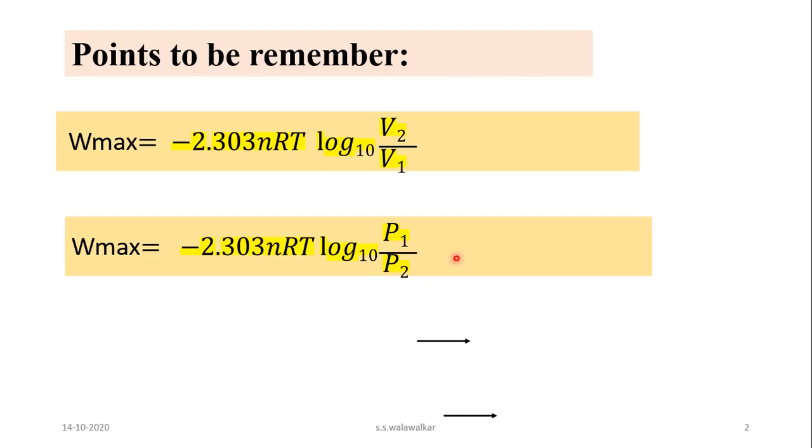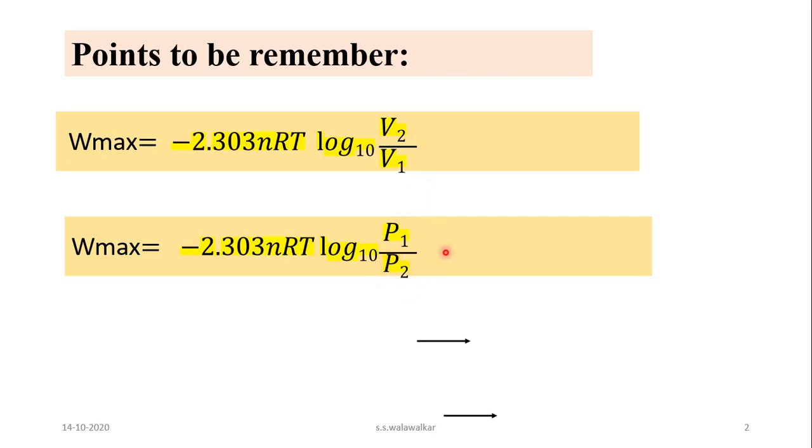Another point to note down here: whenever expansion is there, V2 is greater than V1 and P1 is greater than P2. And whenever compression is there, V1 is greater than V2 and P2 is greater than P1.